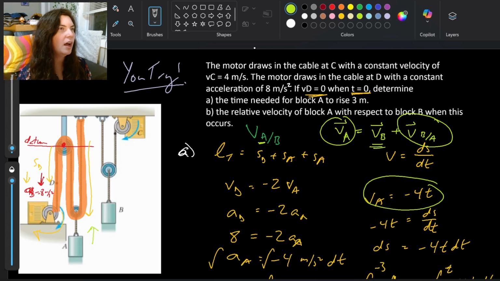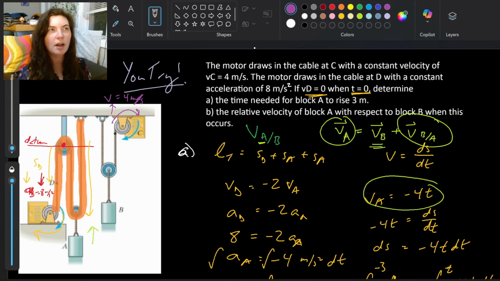And if you do a couple of these pulley problems, it might feel a little bit intuitive to you. Because in this, at C, the motor at C is pulling in with a constant velocity of 4 meters per second.